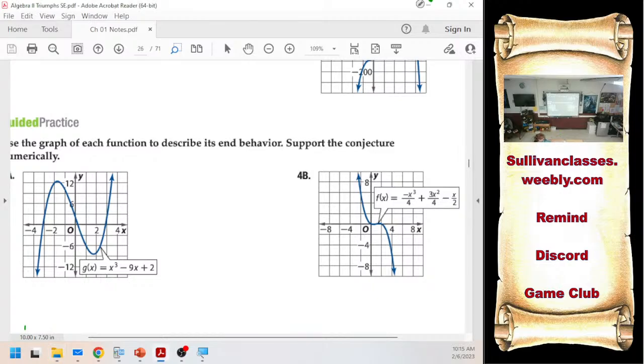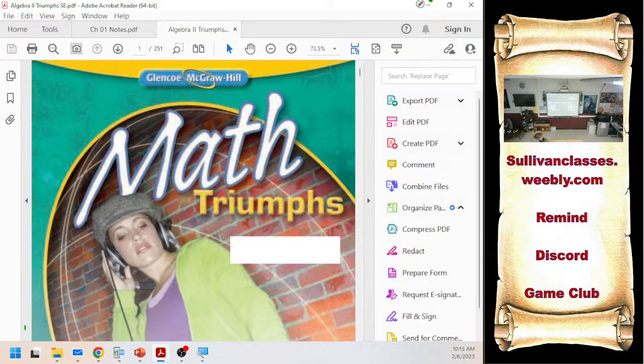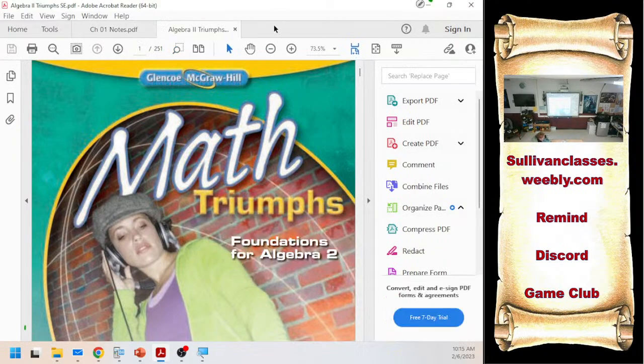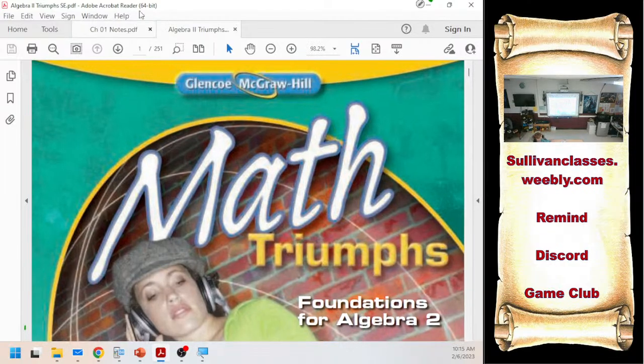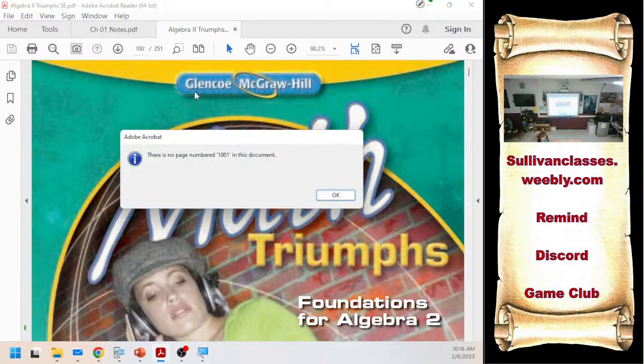So, go in the back somewhere, you're going to graph. Again, I strongly recommend graph paper if you aren't extremely neat.